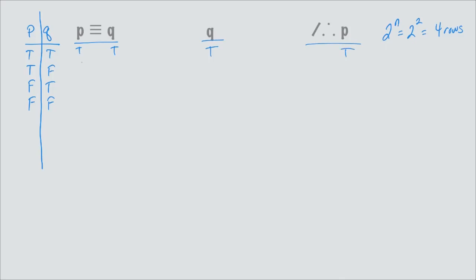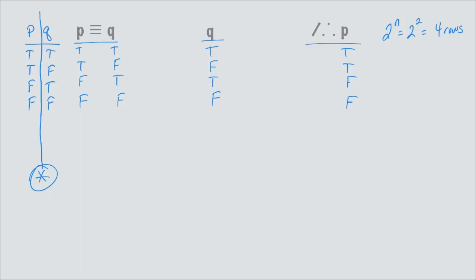And then the next one, P is true, Q is false, Q is false, P is true. And this one, P is false, Q is true, Q is true, and P is false. And then the last row, they're all false. False, false, false, false. So you can see this little base column that I've made up here is not part of the problem that I'm comparing. That's just my cheat sheet so I know what to substitute in for each of the premises and the conclusion in order to test for validity.